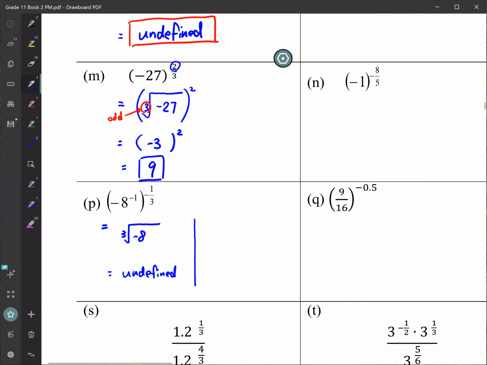Do you all think it's undefined, or you want to share your thoughts? Do you all agree it's undefined? Okay, Chris, what do you think?